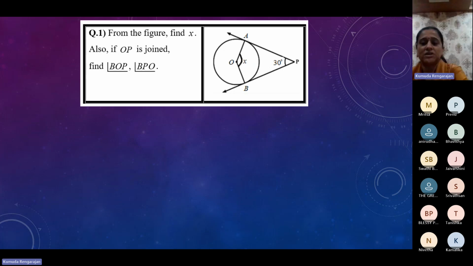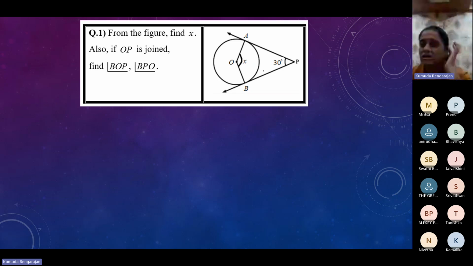You can use the same property here. The special name to this quadrilateral OAPB is that it's a cyclic quadrilateral. It will always be a cyclic quadrilateral. What is a cyclic quadrilateral?